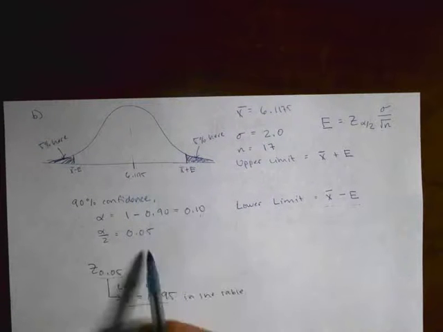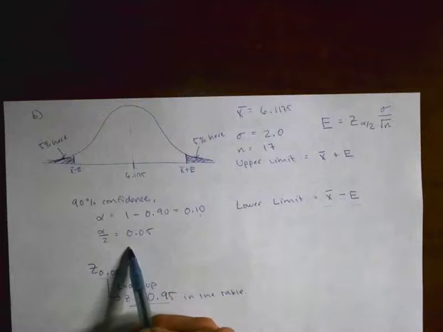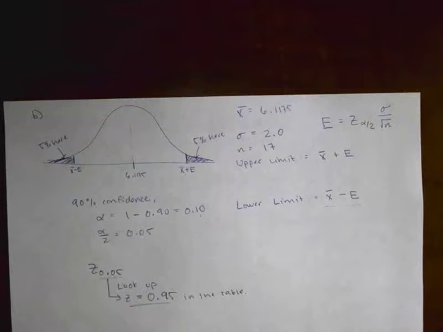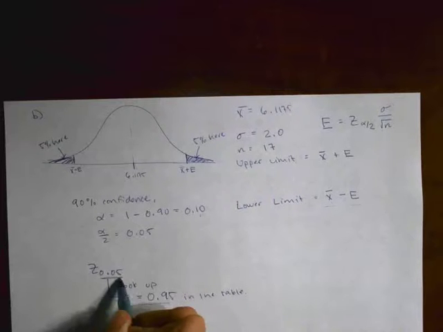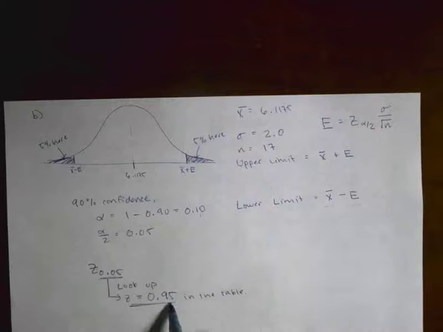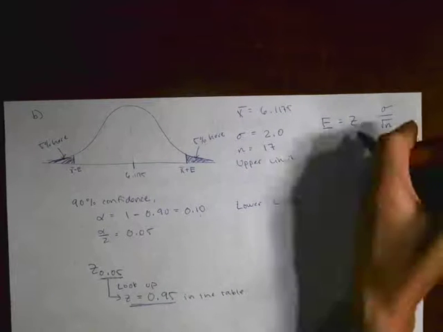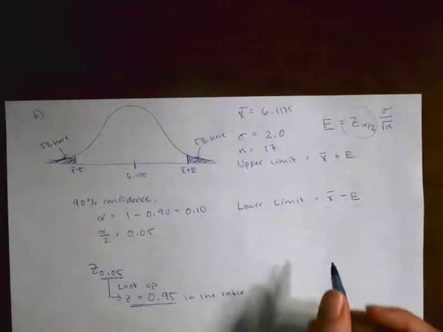In order to find 10% of the area under this curve, we actually only want to look at one of these tails, the 0.05. Okay, so that's the procedure. So we're looking up for our alpha over 2 value of 0.05.